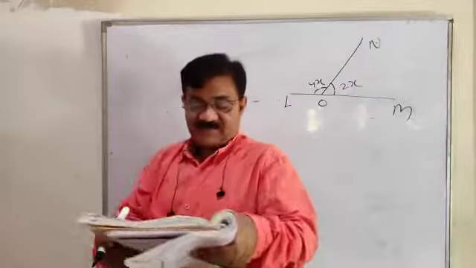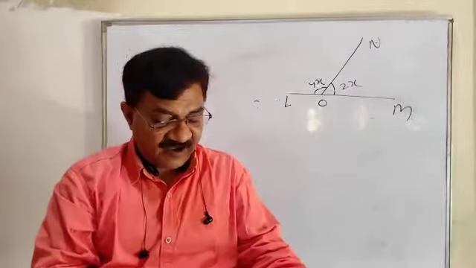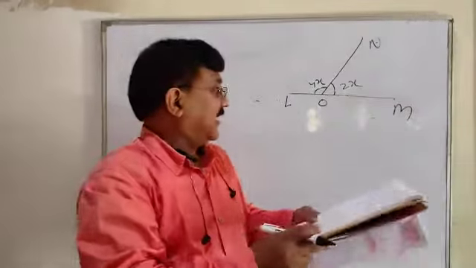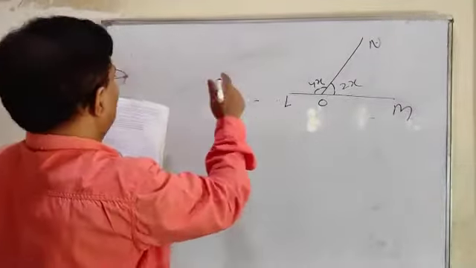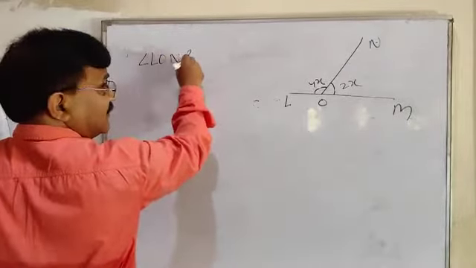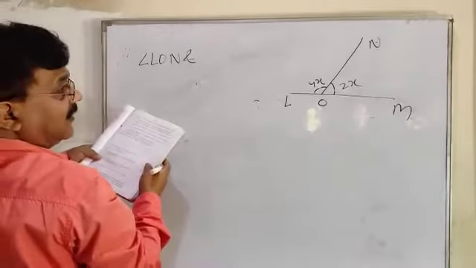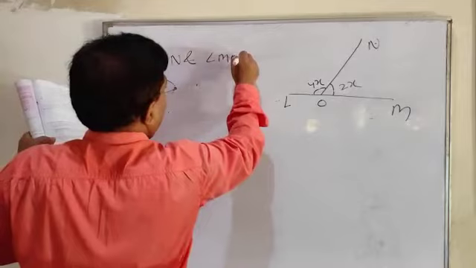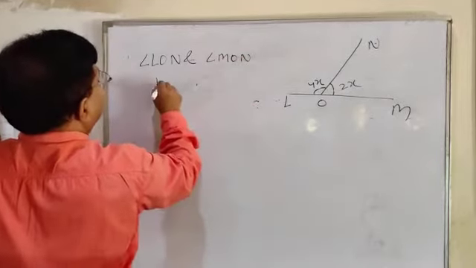What is the question? In the adjoining figure, angle LON and angle MON form a linear pair.